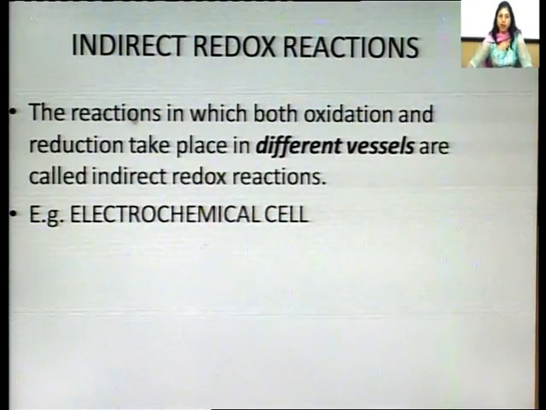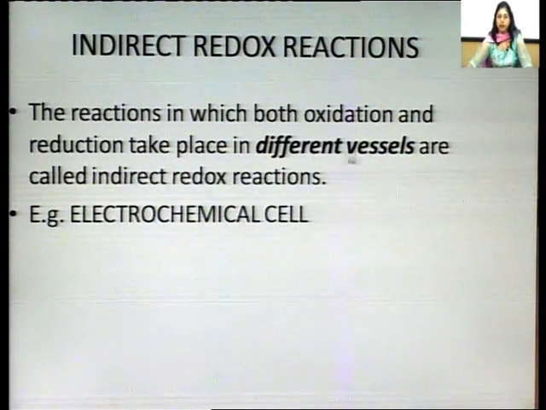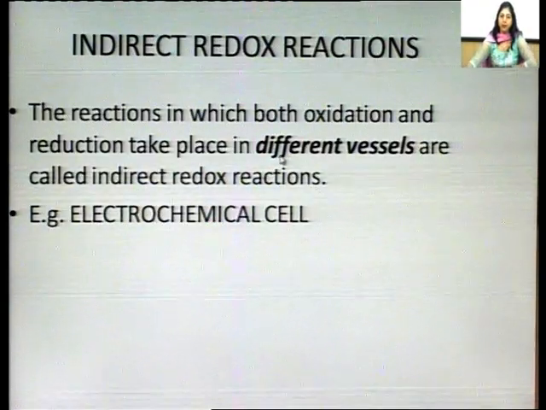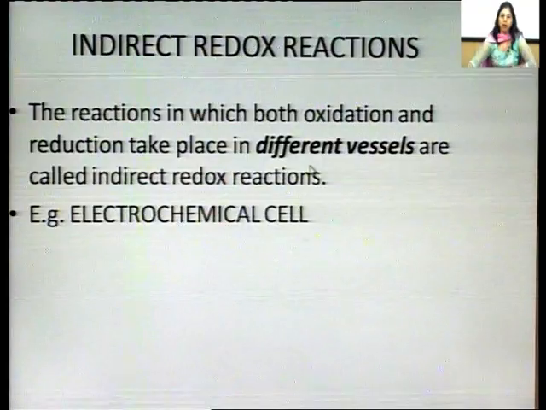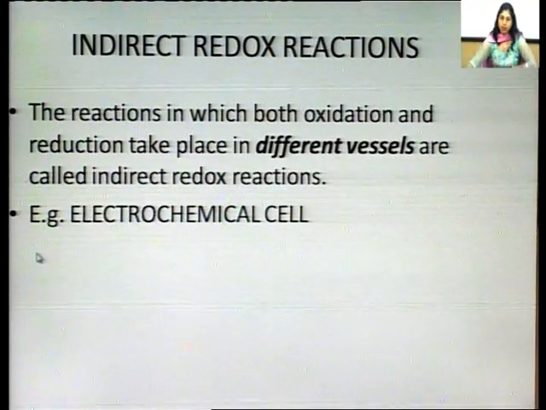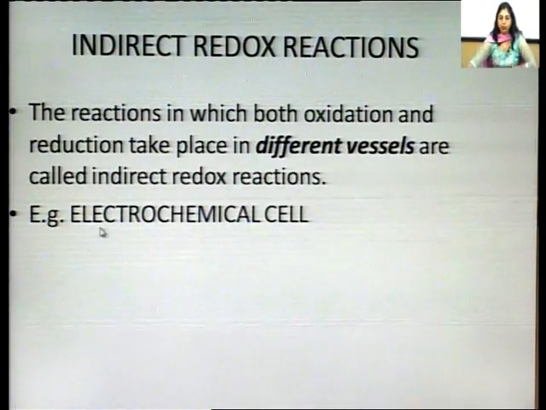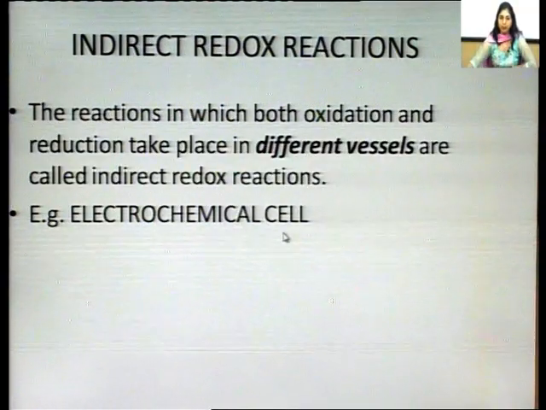In the case of direct redox reactions, I have already told you that they occur in the same vessel, but here the case is different: both oxidation and reduction occur in different vessels. And a very common example of an indirect redox reaction is the electrochemical cell.